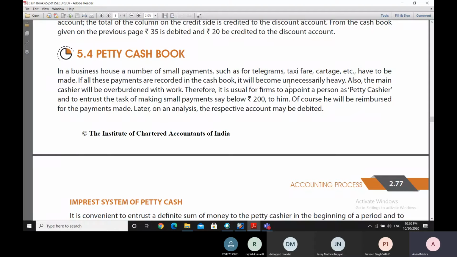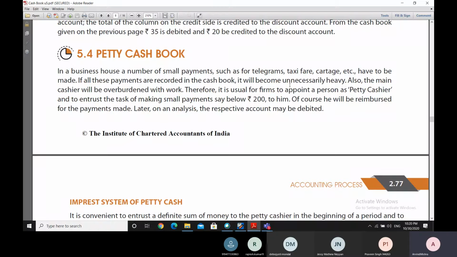And the main cashier would be burdened with work writing small amounts in the cash book. Therefore, it is quite usual for firms to appoint a person as a petty cashier. And this task is entrusted to maybe more than one cashier also.